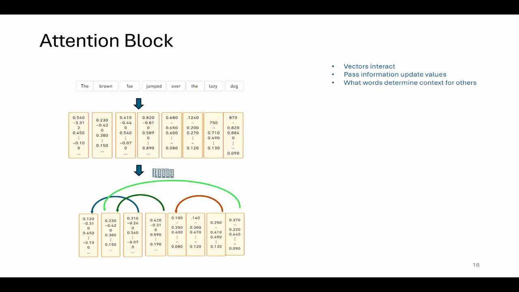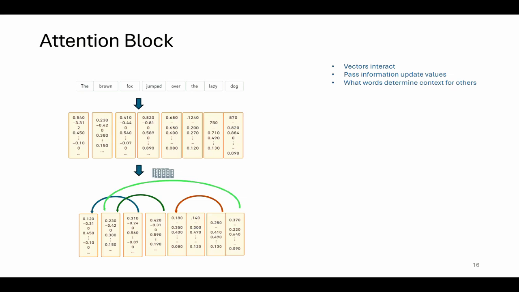Then the third stage is where the embeddings interact with each other, where the embeddings talk to each other. Meaning, the words talk to each other. So, you have a brown fox, right? Now, fox by itself has an embedding.